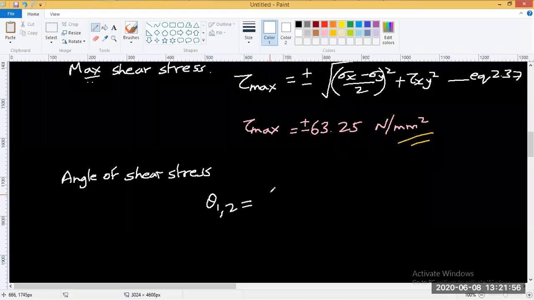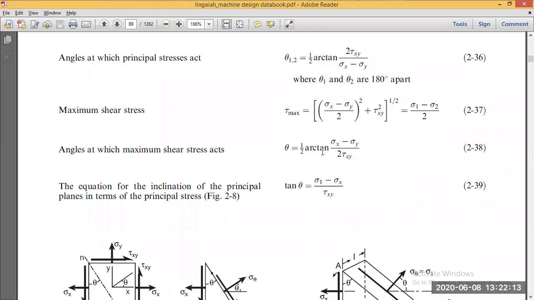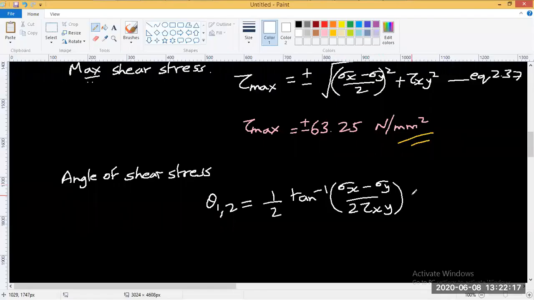So this is given as half tan inverse of sigma x minus sigma y by 2 tau xy. Same thing. Arc tangent means it's tan inverse. Okay. This is in 238.